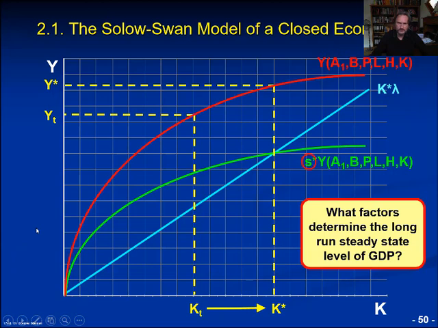First, the savings ratio. The larger the savings ratio, the higher the steady state level of GDP. Second, the depreciation ratio. The larger the depreciation ratio, the lower the steady state level of GDP. Third, the other production factors. The more production factors are available, the higher the steady state level of GDP.